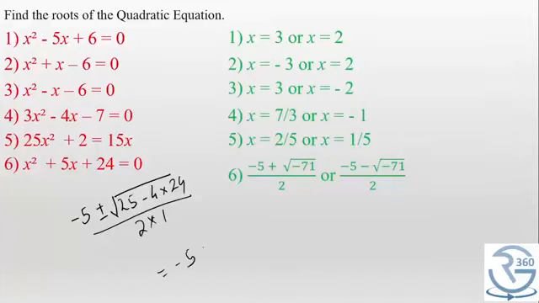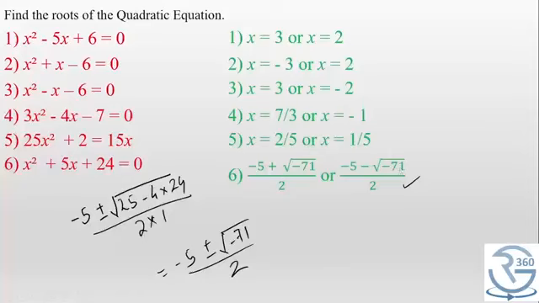So it's minus 5 plus minus under root of 25 minus 96, that's minus 71, divided by 2. So the roots are minus 5 plus under root of minus 71 by 2, or minus 5 minus under root of minus 71 divided by 2.